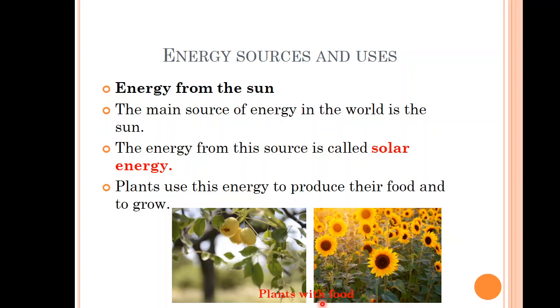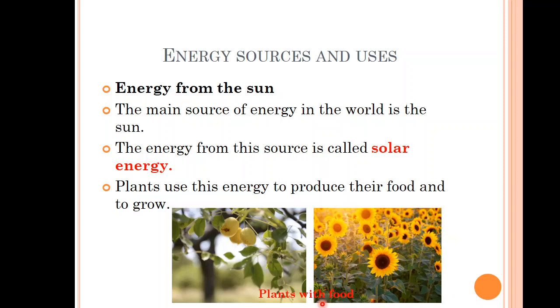So a plant needs good soil, water, and then energy from the sun, that sunlight. For the plant to grow and to produce its own food, it needs the energy from the sun.